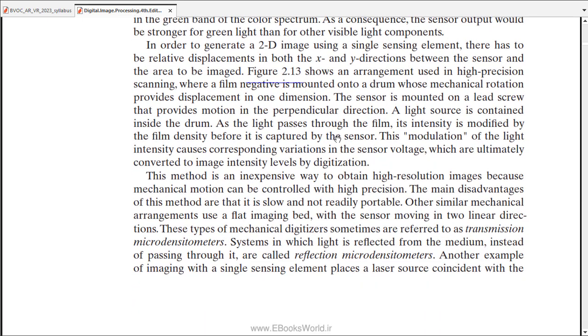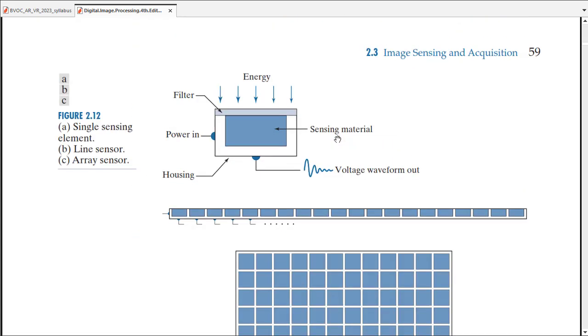In these cases we use microdensitometers for the analysis. Here is the sensing material for a single sensor, with energy passing through a filter from different sources. Here are the housing and the voltage waveform. This is a single sensor.